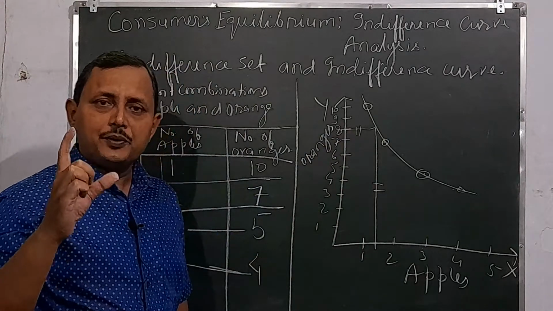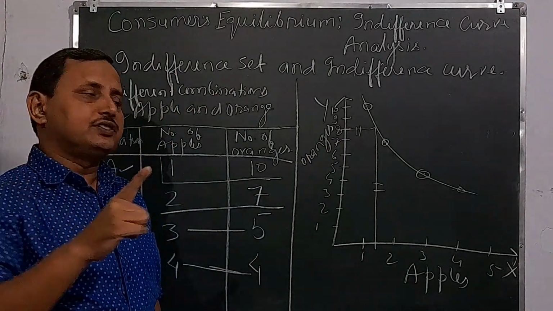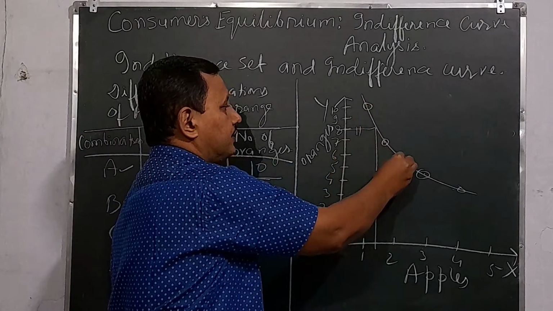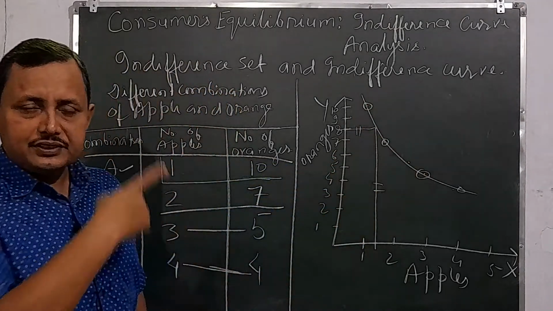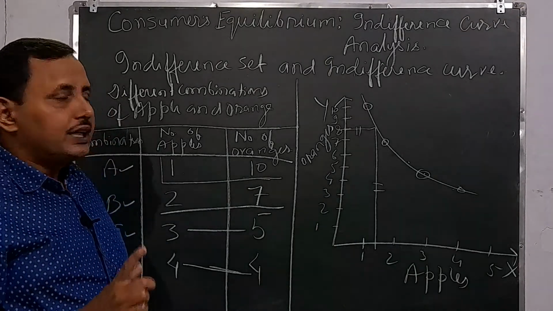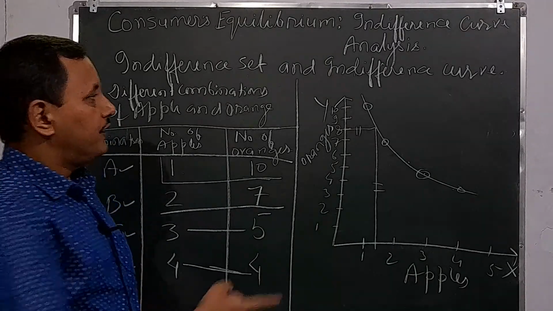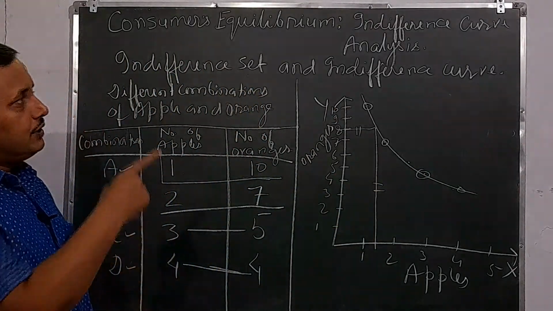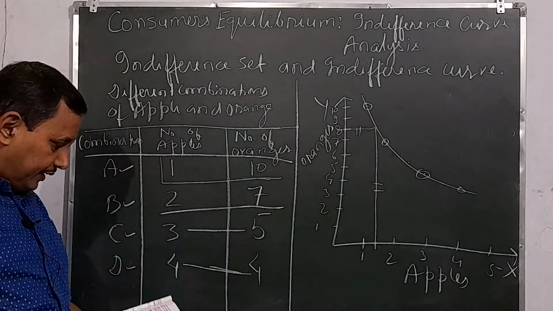This combination will always give equal satisfaction as this other combination. So any point on this curve shows an equal level of satisfaction, so the consumer is indifferent. It doesn't matter which combination he is consuming. Clear? So that is the significance of the indifference curve.